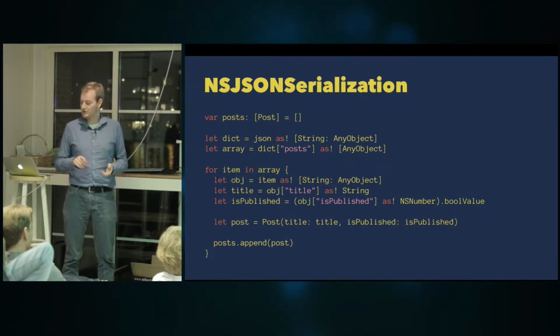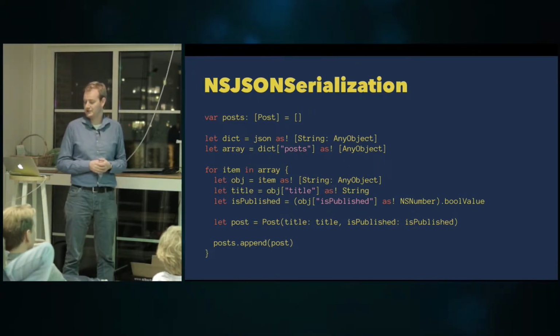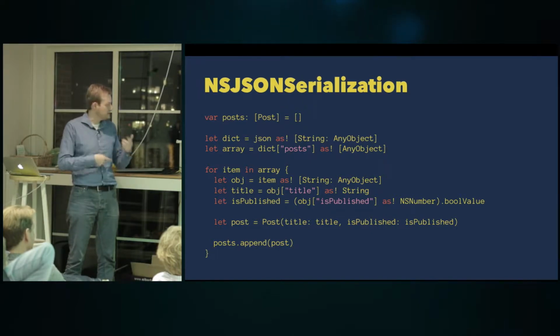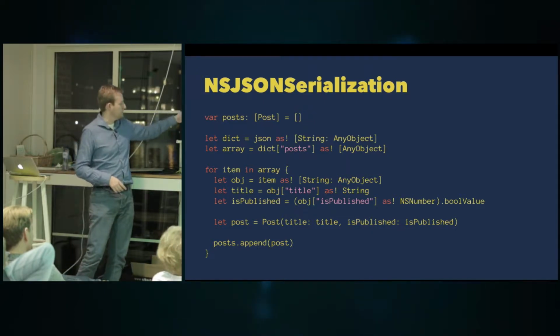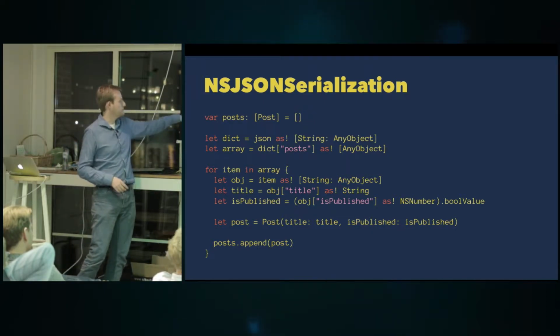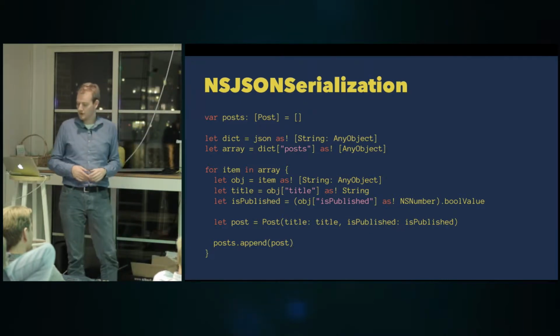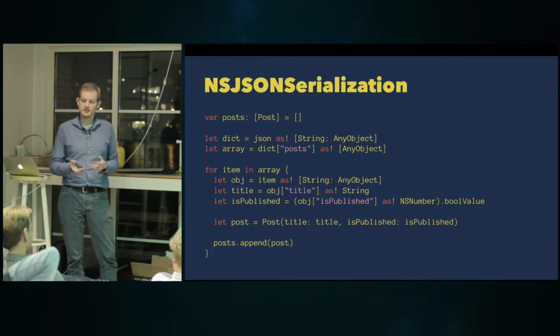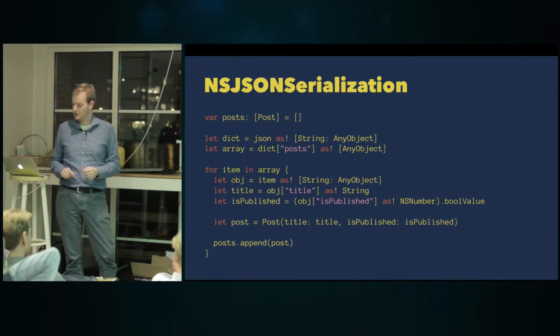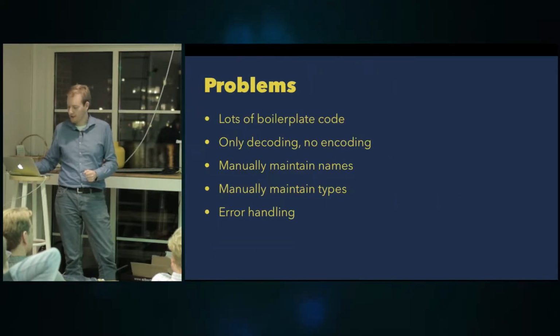Take out the posts, force cast that to a list of AnyObjects, iterate over that list, each item force cast to a dictionary, and then take each value and put it in a posts array. So this is all the stuff we need to do using JSONSerialization to parse the JSON into a list of structs. I have some problems with this.